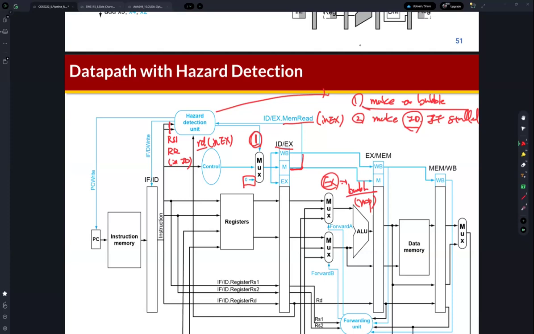You can find the instruction fetch and ID write signal. You can just understand that this signal is the enable signal.